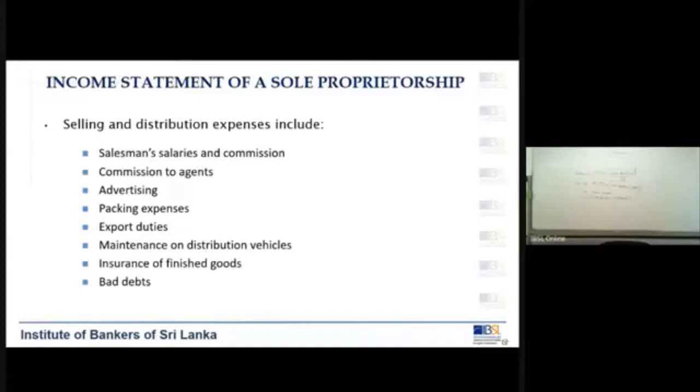Then the next item is export duties. Now, what do you mean by export duties? Assuming that your business is going to export these items to foreign markets or to different countries, then these export items will attract a certain amount of duty. Duty means taxes.